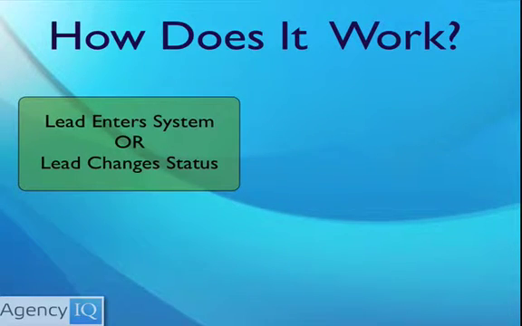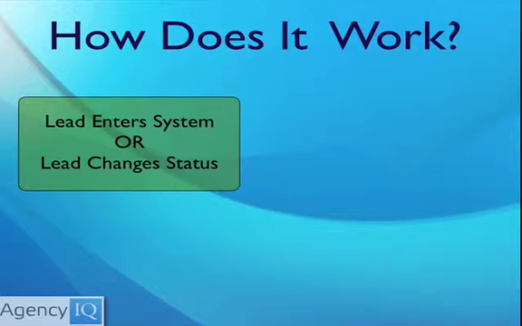First of all, automatic rules are triggered whenever a lead enters the system, and really that means enters the system automatically. It does not mean manual entry, and it does not mean spreadsheet uploads. What that means is that whenever a lead enters from outside the system by email or direct post from your website or from an outside lead vendor, then we'll automatically trigger the automatic rules.